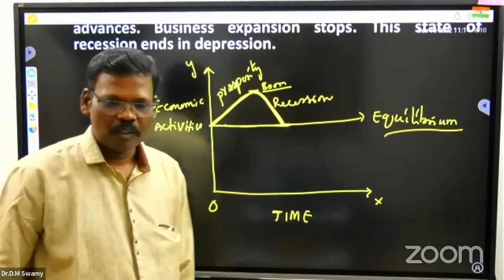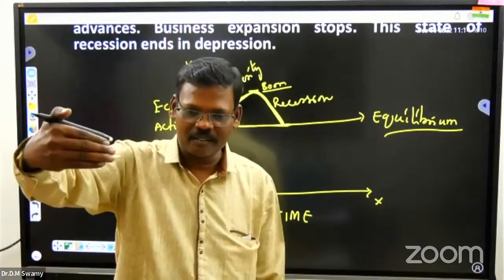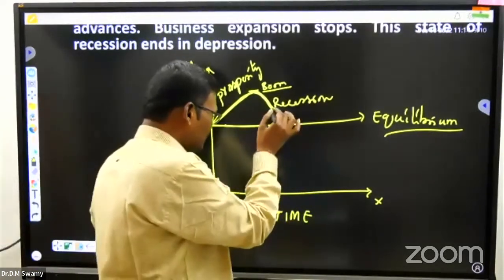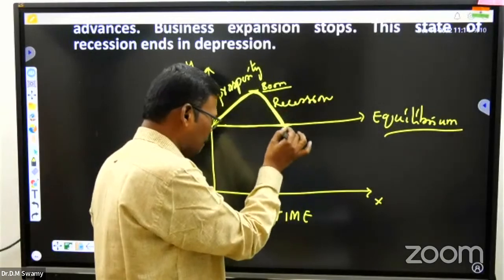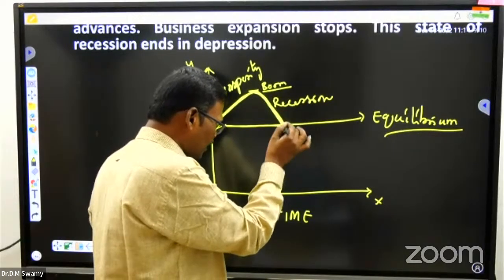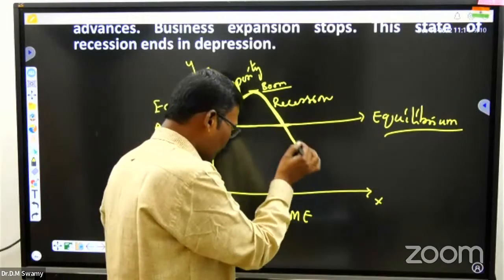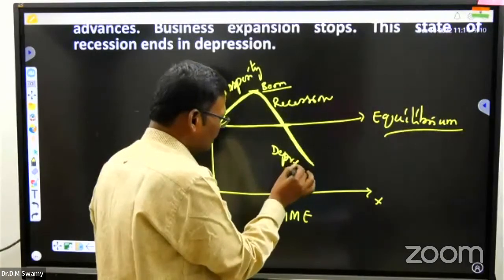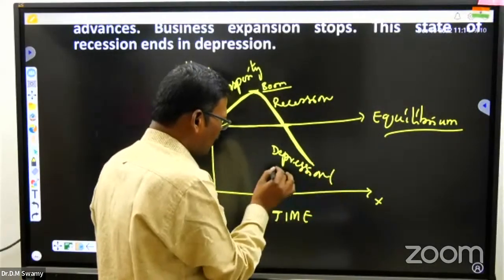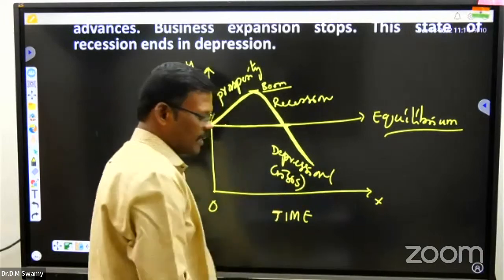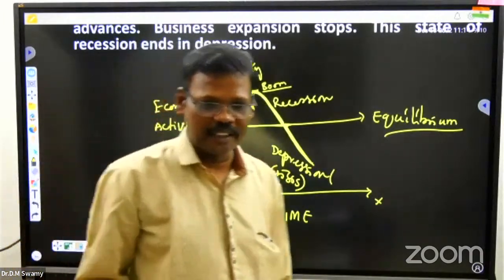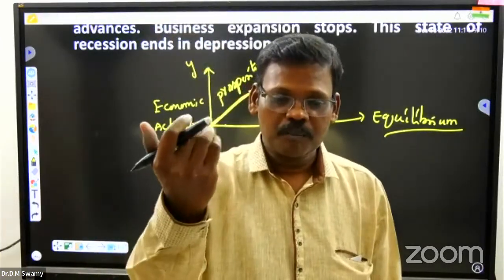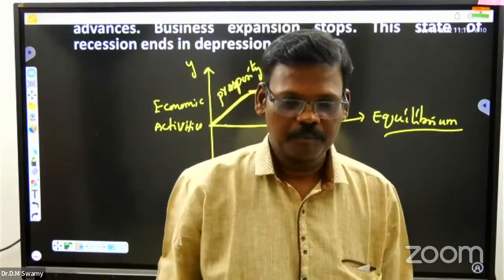Once the economic activities keep decreasing and cross the equilibrium level, that means they come down below the equilibrium level, this is known as depression, or we can say crisis.